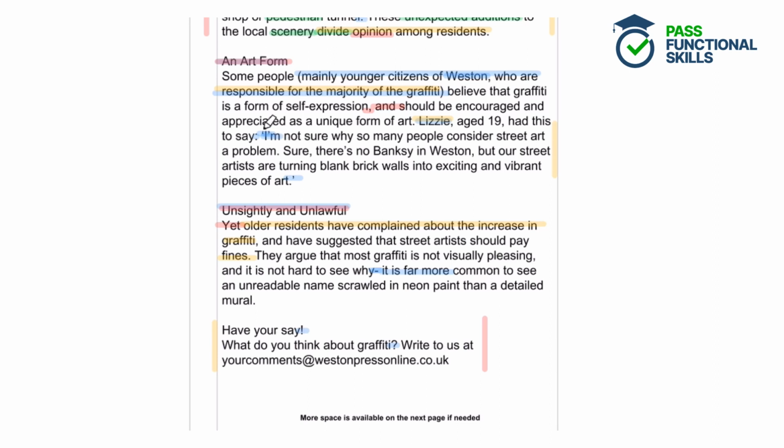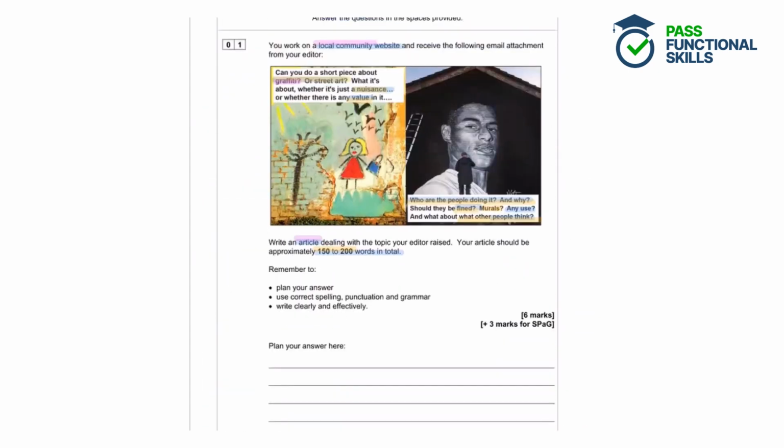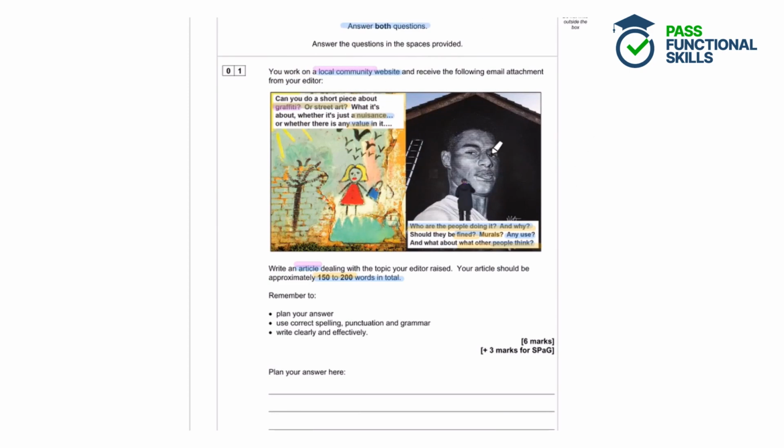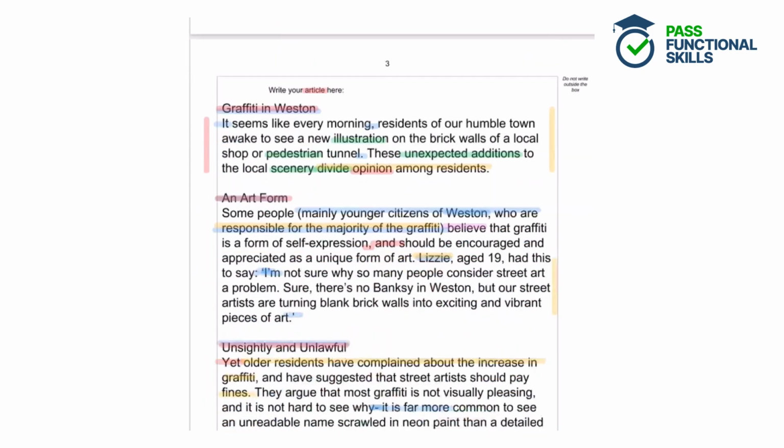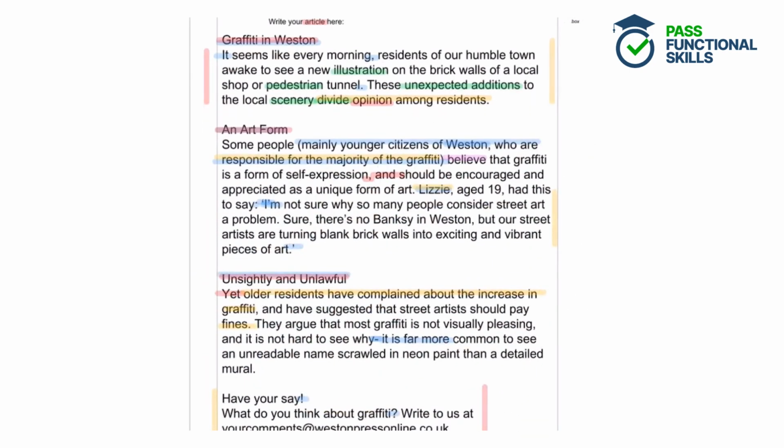So we're getting opinions from people's quotations here and explaining what some people think and believe. So some clear opinions throughout, which suits the purpose of an article. We also need to address the purpose that we've been given in the question, and by answering these various questions that we were given in the prompt here, we have definitely done that.